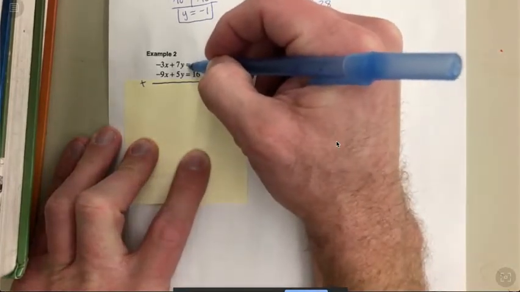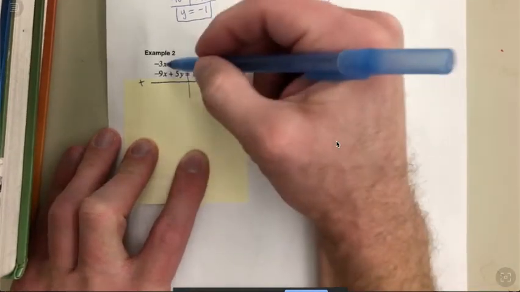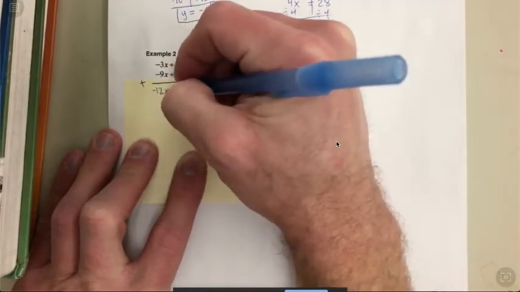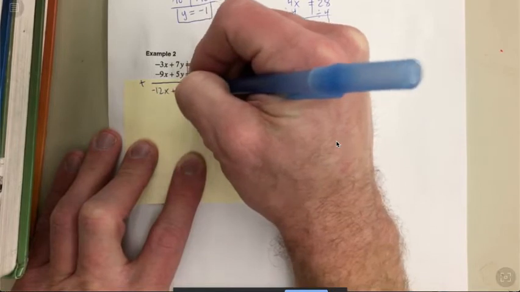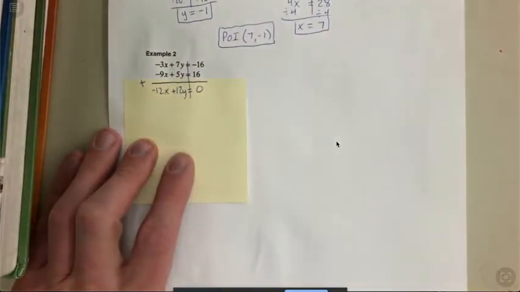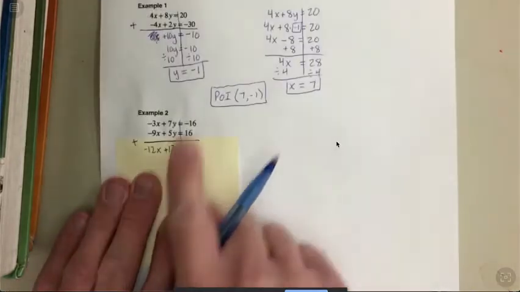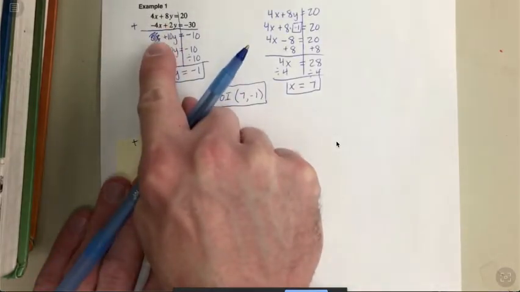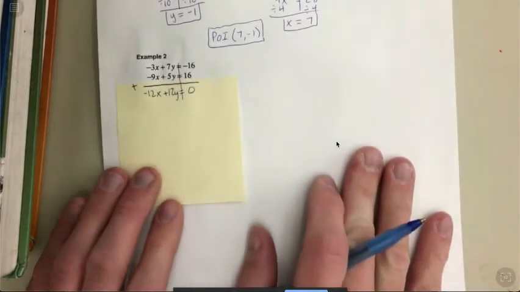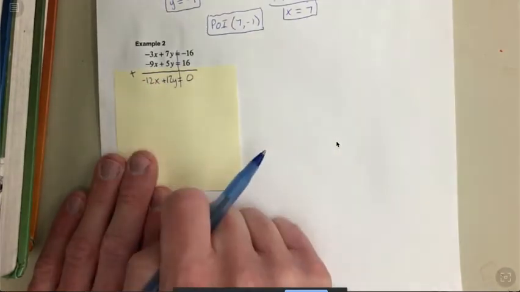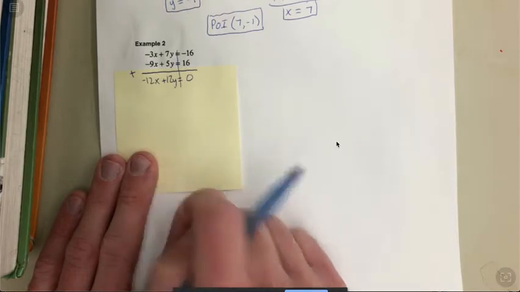Well, this time, if I add these, I get negative 12x plus 12y equals 0. Notice how neither of my variables eliminated, because back here, remember, that right away got me a 0x and left me with just y. But in this case, I didn't eliminate a variable. And so basically, my strategy is not working.